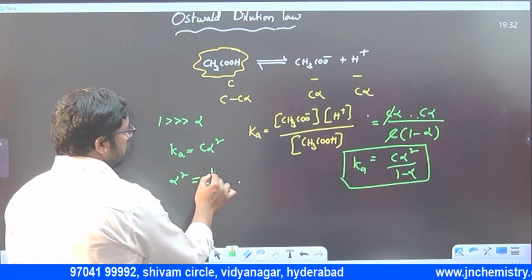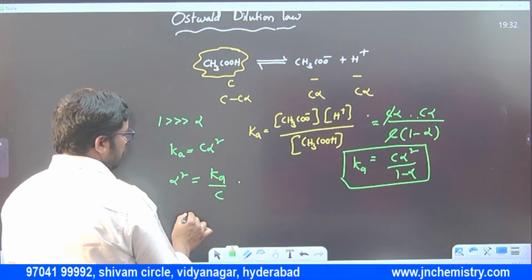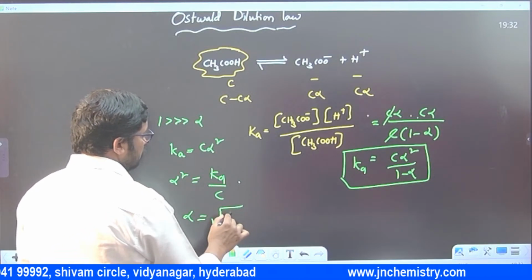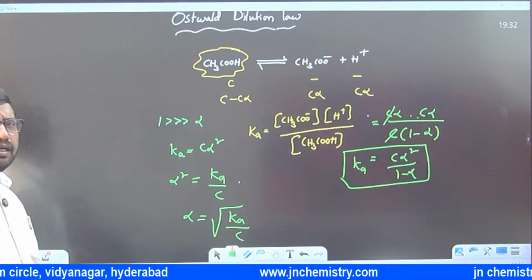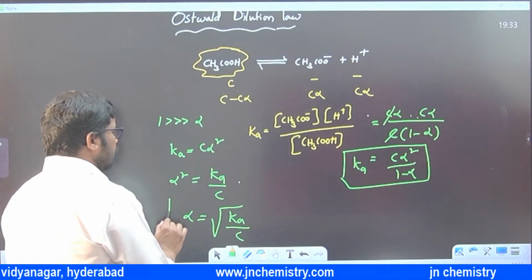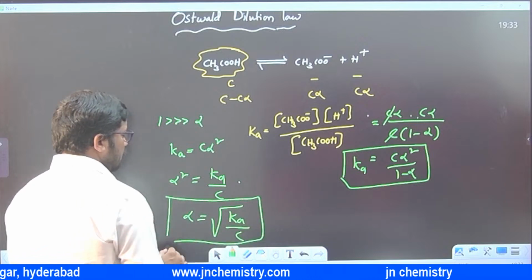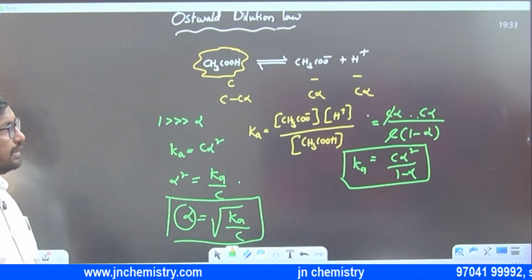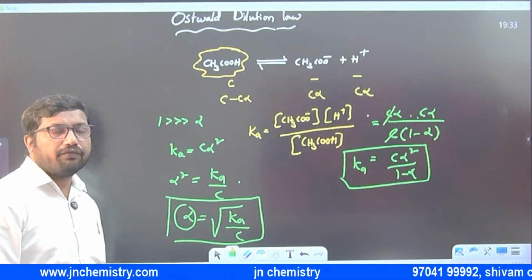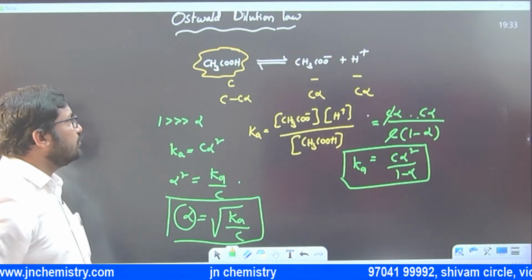Alpha square is equal to Ka by C. Alpha is equal to root of Ka by C. So alpha means the degree of dissociation, or degree of ionization.